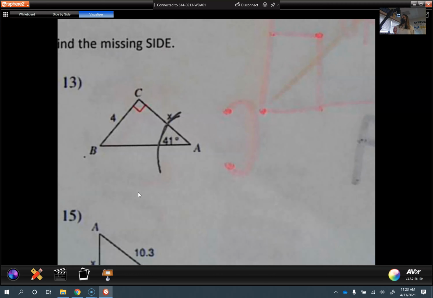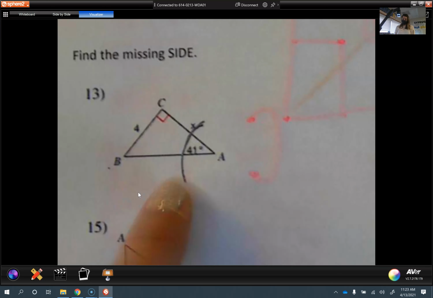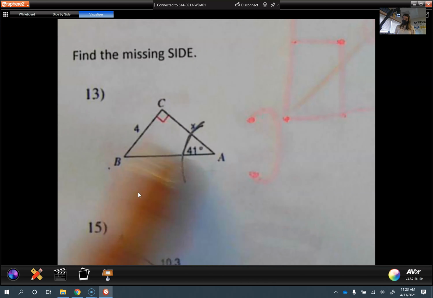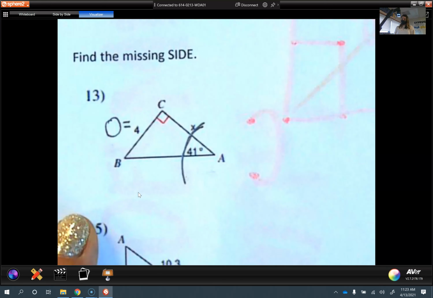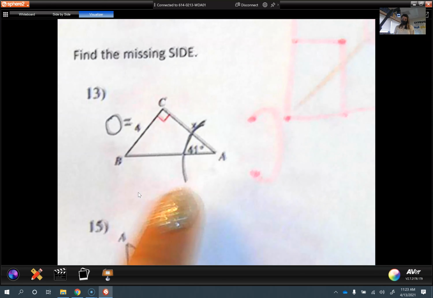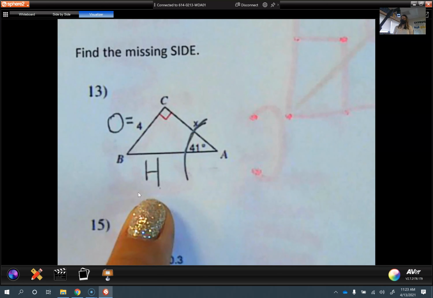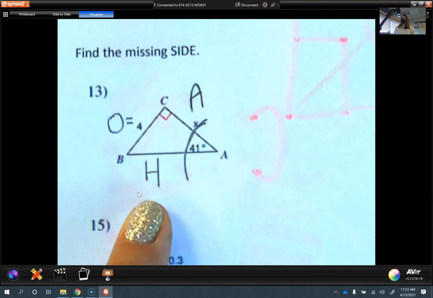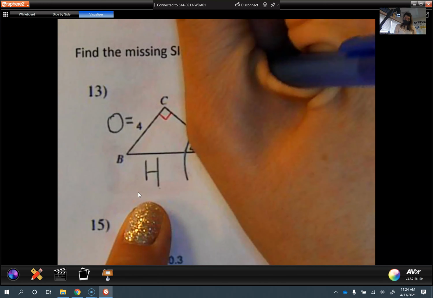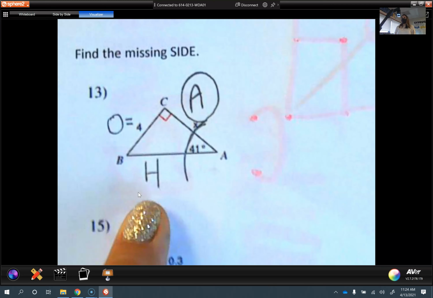Then we need to label our triangle based off of that. So the side that has a length of 4 is capital O, as in opposite. The bottom of the triangle is capital H, as in hypotenuse, which means that the side they want us to find is capital A. So I want you to circle the capital A.